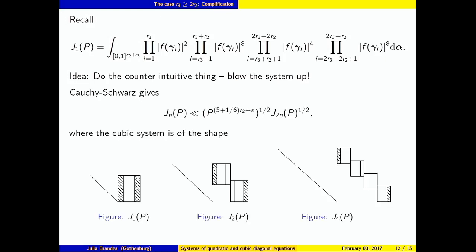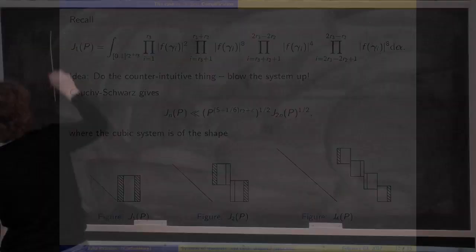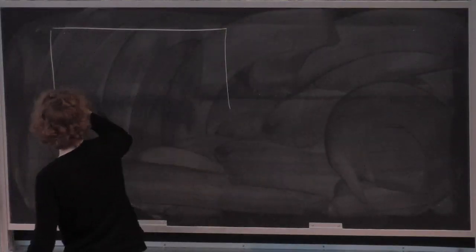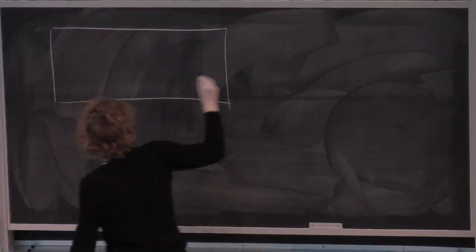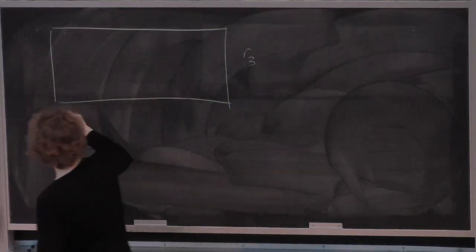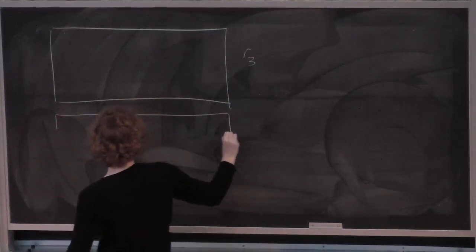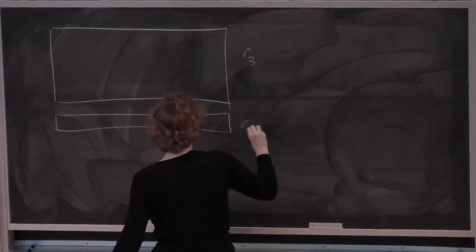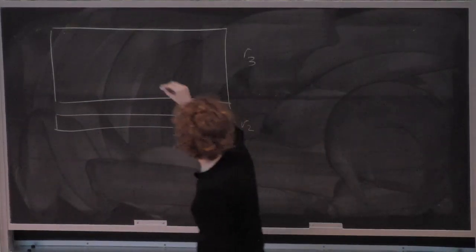So what we're going to do is, well, we've got this huge mean value, and perhaps I have enough time to write stuff at the blackboard. We've got our 3 cubic equations and our 2 quadratic equations.